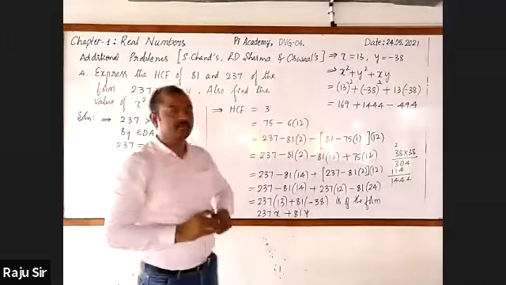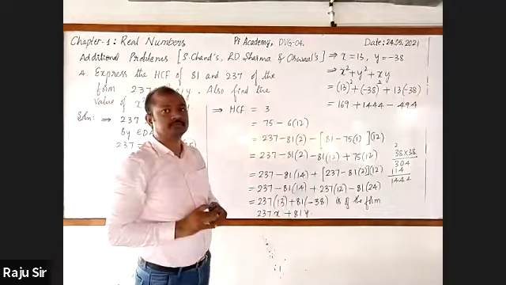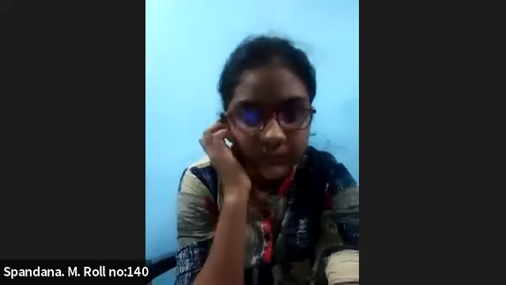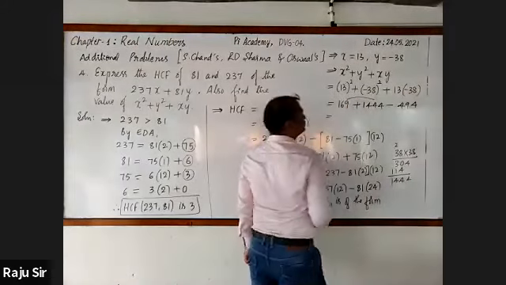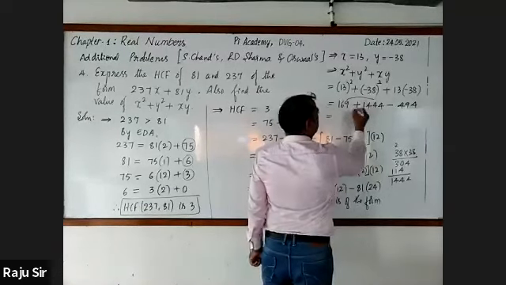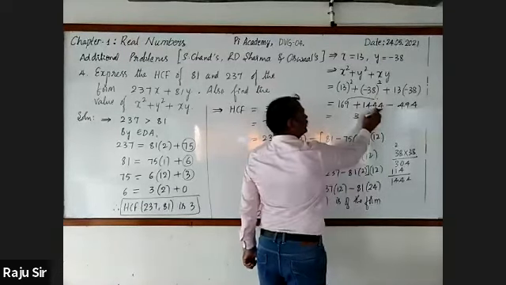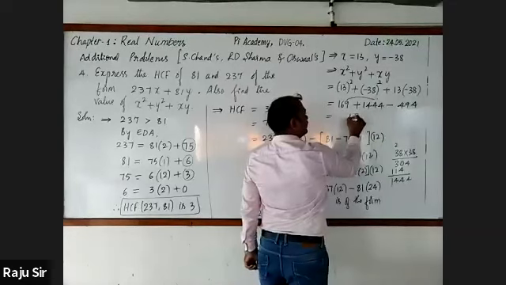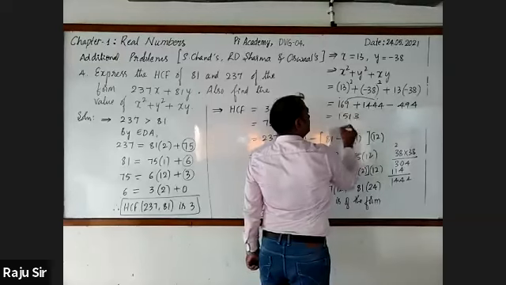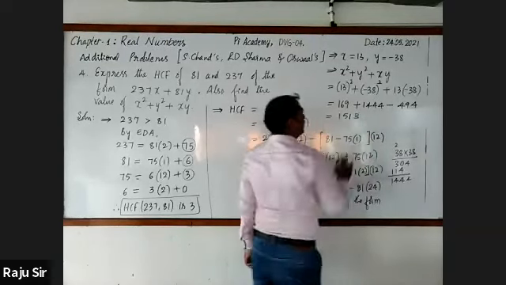Have you got the same? 494. Yes, sir. Okay. This is equal to. Let us add these. It will be 4 plus 9, 13, carry 1. 1 plus 4, 5. 5 plus 6, 11, carry 1. 1 plus 4, it is 5. It is 1530.